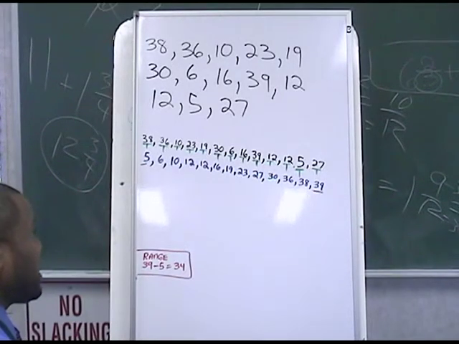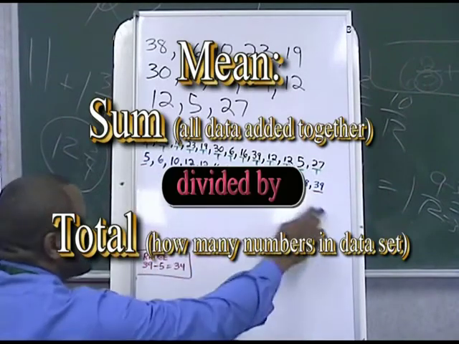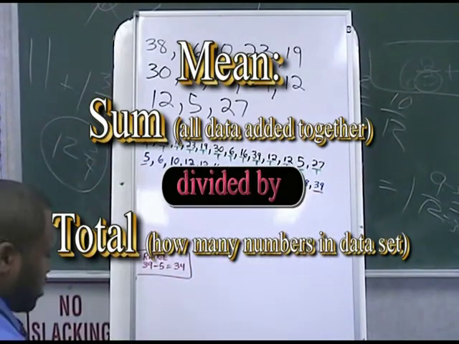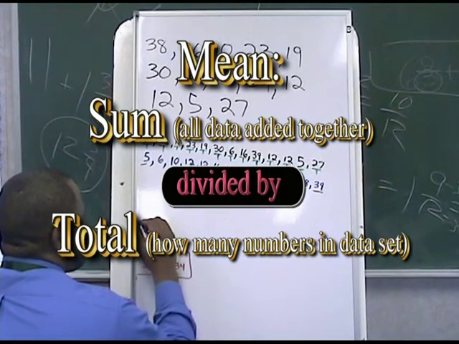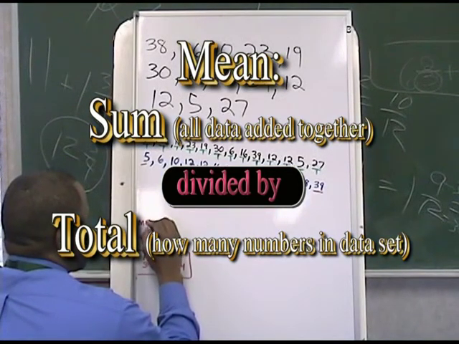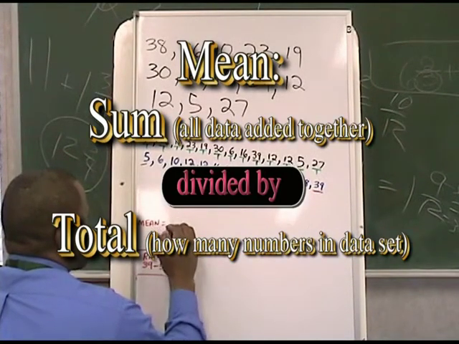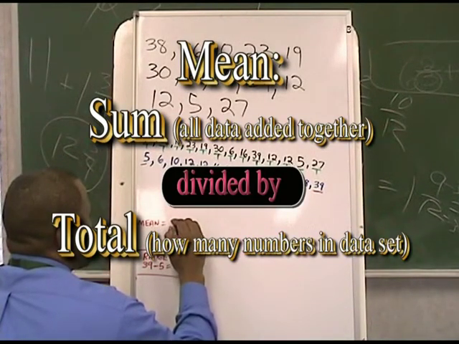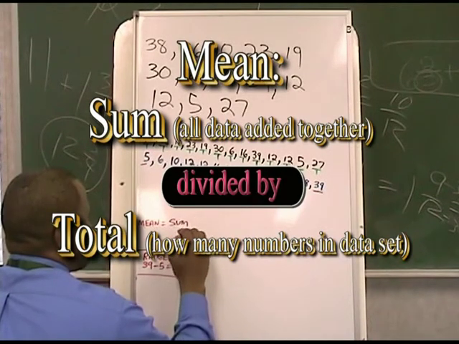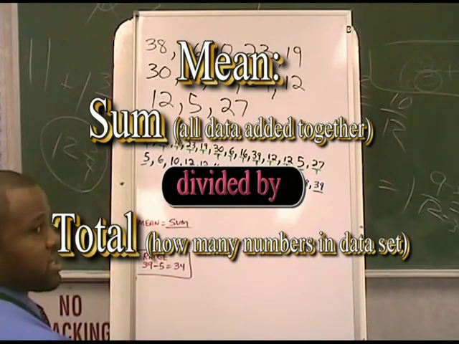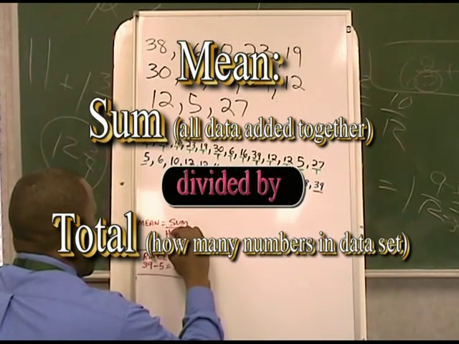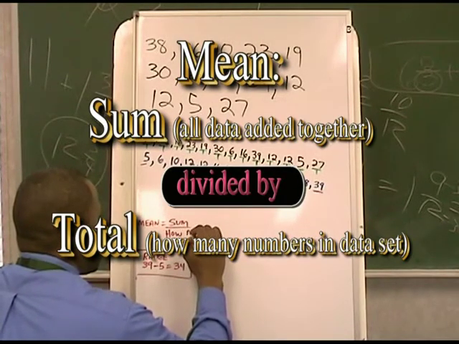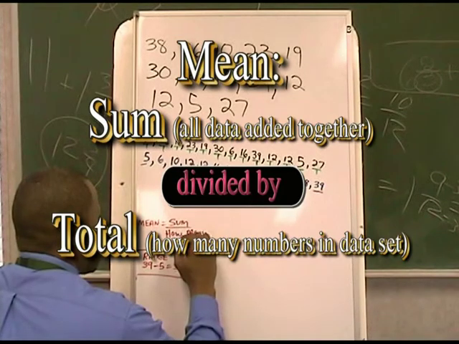Now we are about to find our mean, our median, and our mode. In order to find the mean, we need to add up all of these numbers. The mean is equal to the sum of all of the numbers in the data set divided by how many numbers.